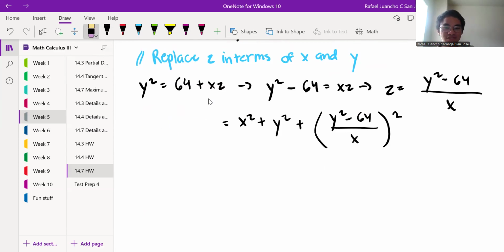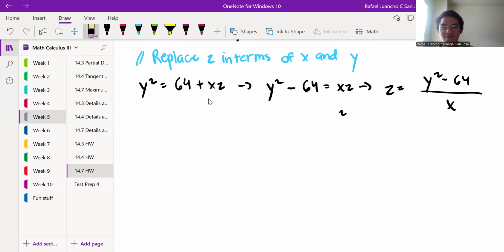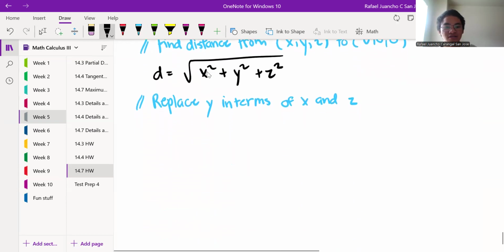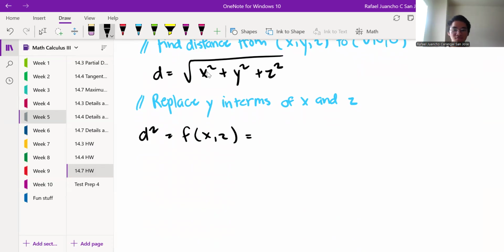Okay. What I'm gonna do instead is keep this y squared thing and then just replace y in terms of z and x, because I already have that. So here I say, okay, let me go ahead and square this thing, which will just be my function of x and z instead of x and y.